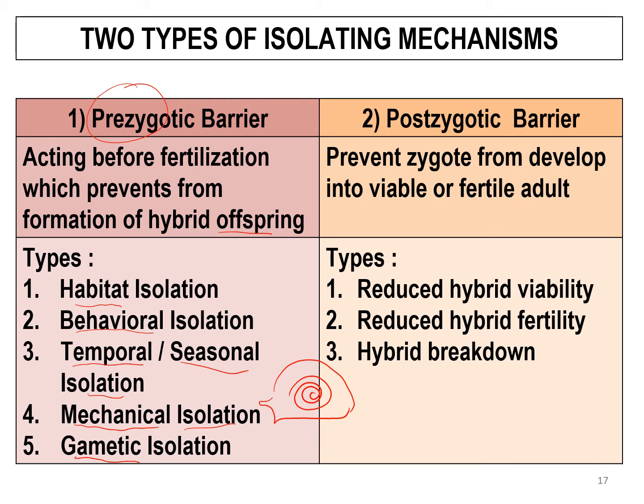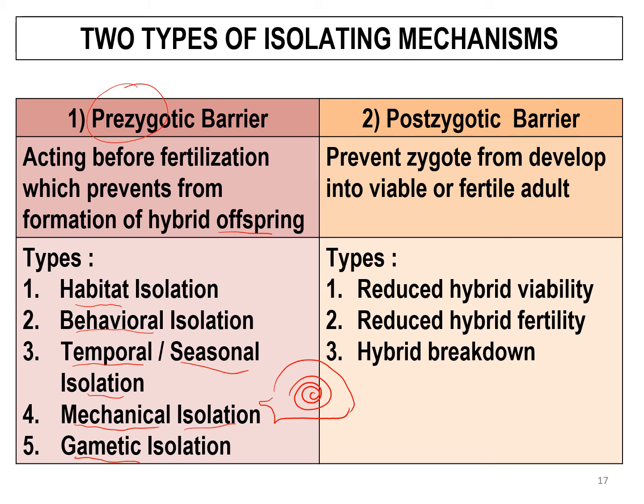So gametic isolation can lead to pre-zygotic barrier, one of the pre-zygotic barriers. Jadi kalau gamet itu sendiri tak mampu menyediakan diri untuk bersenyawa, maka tak akan berlaku persenyawaan. So no fertilization, no formation of zygote.